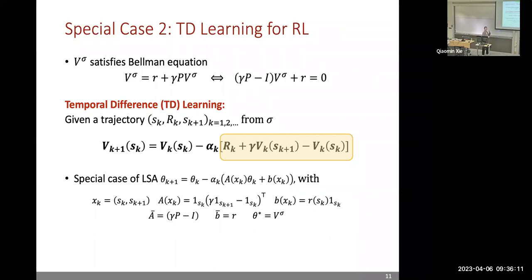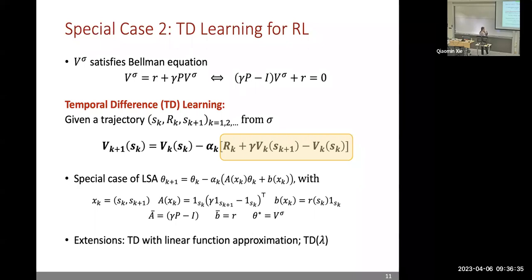The theta k parameter we want to estimate corresponds to the value function we want to estimate. The Markov chain that drives the noisy observations corresponds to the underlying Markov chain that generates the data you observe. And you can have equivalent expressions for the A matrix and the B function.